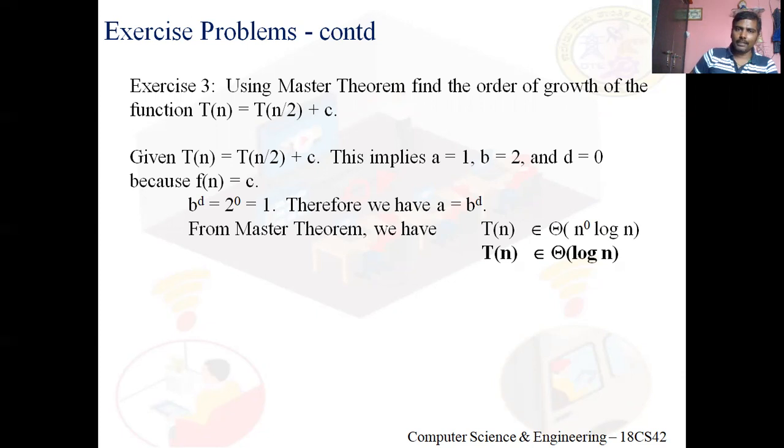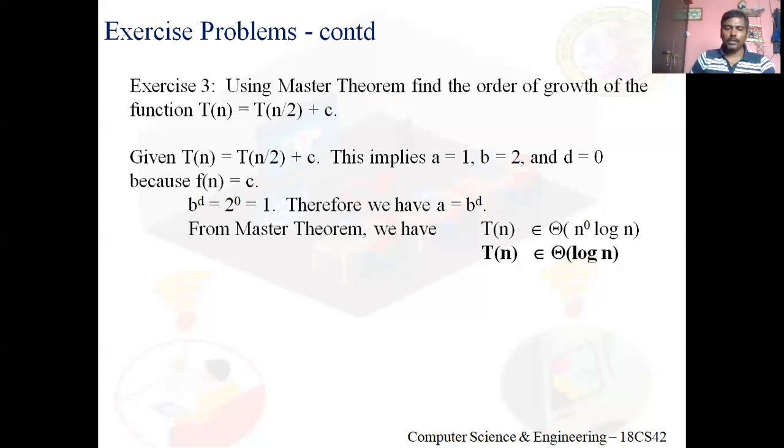Seems to be easier, right? Rather than solving, we can take advantage of the Master's theorem. So it's very important, very easy. In the exam, you will be given some recurrence equation, and you will be asked to determine the order of growth. If the initial condition is given, better solve it.